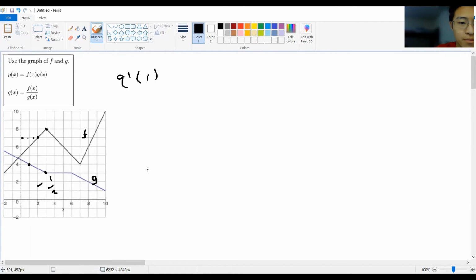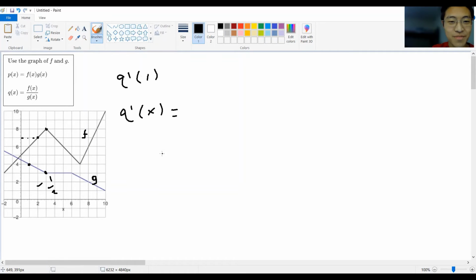Okay, so q prime of x. What is that? Well, the function is defined for us here as f over g. So that's a quotient, which means the derivative rule we should probably use is the quotient rule. If you remember, the quotient rule is low d high minus high d low over the square of what's below.